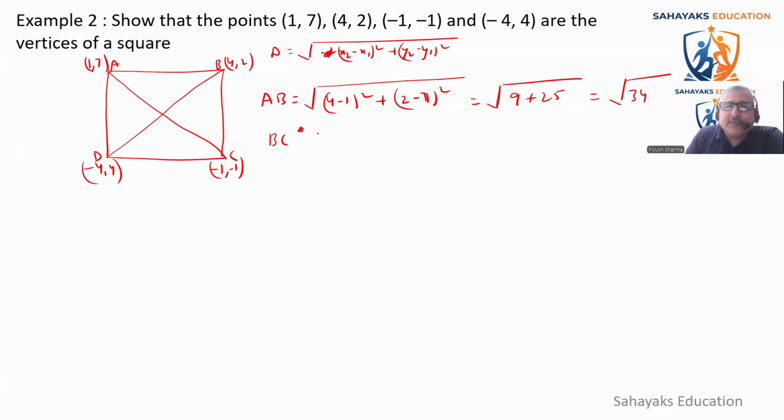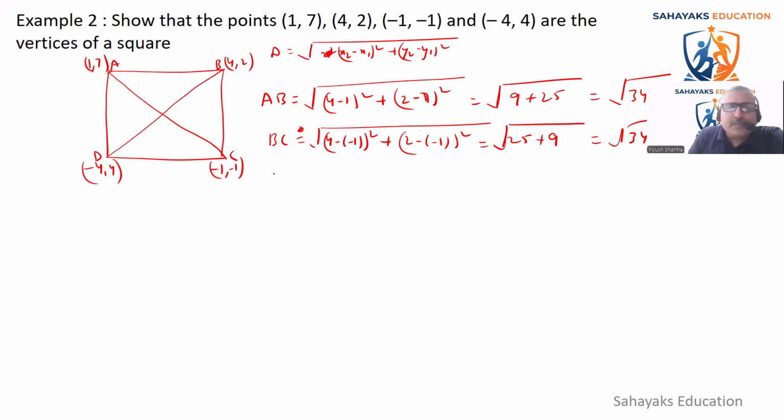Now let's find BC. BC is equal to the square root of 4 minus minus 1 whole square plus 2 minus minus 1 whole square. That comes out to be 4 plus 1, 5 square is 25, plus 2 plus 1, 3 square is 9. So it is again square root of 34. Then comes CD.